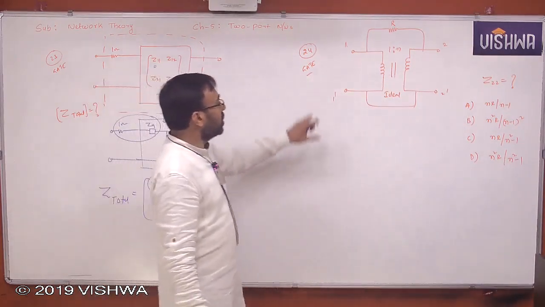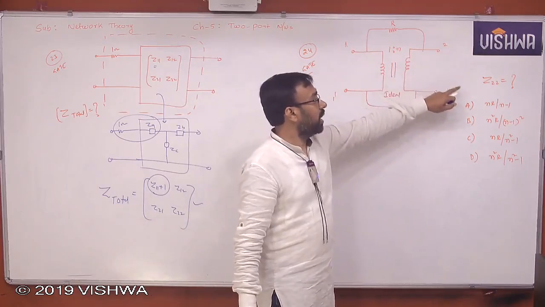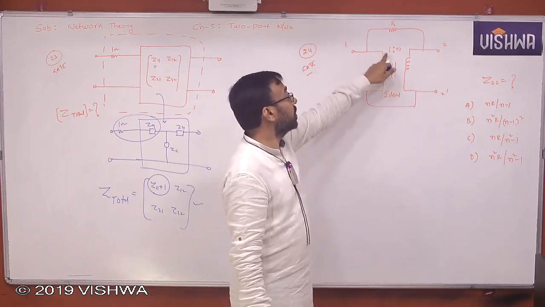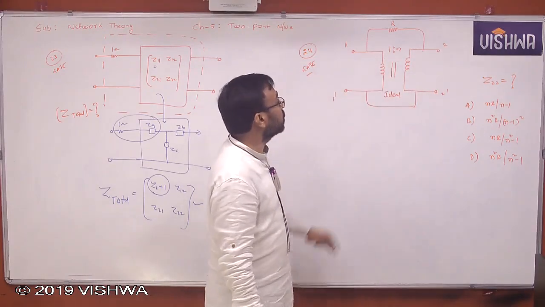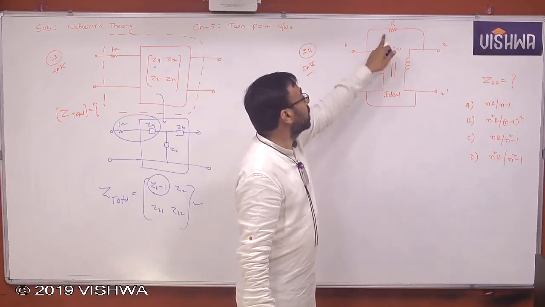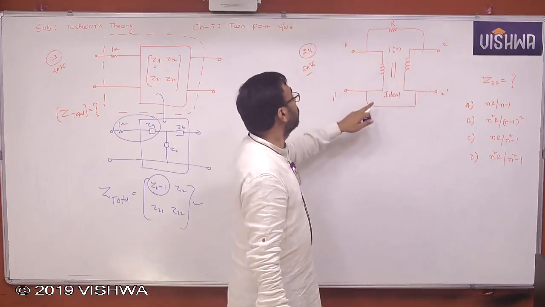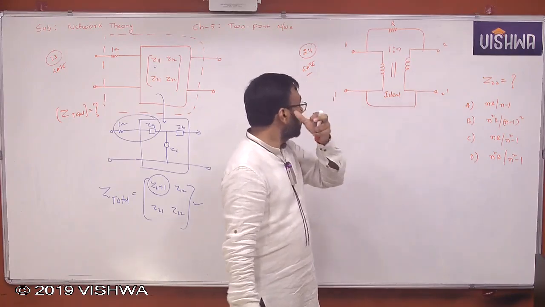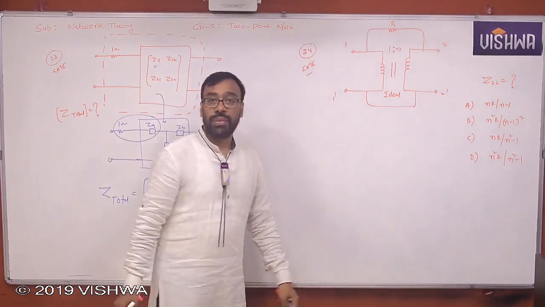Now, the question in the 24th problem, which was asked in GATE: what is Z22? An ideal transformer is given with 1:n turn ratio, one resistance connected between the port 1 and port 2 terminals, and between 1 dash and 2 dash, a zero resistance wire is connected. It is asking what is Z22. Okay.